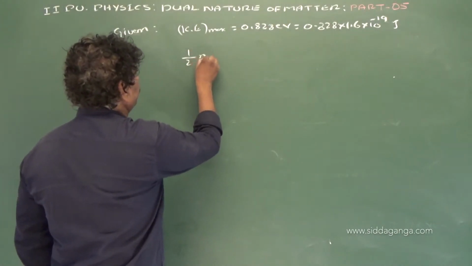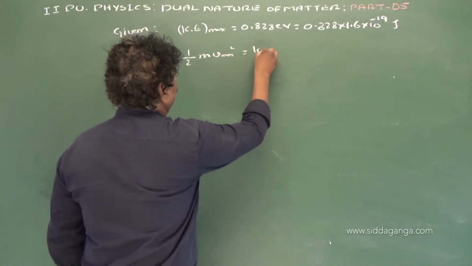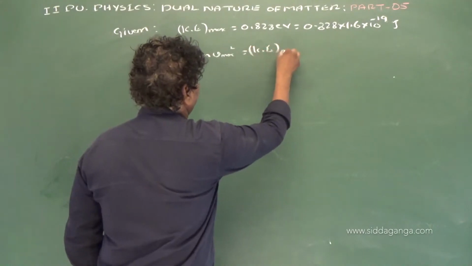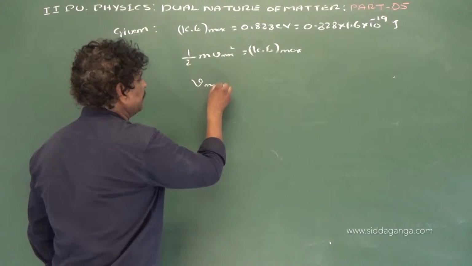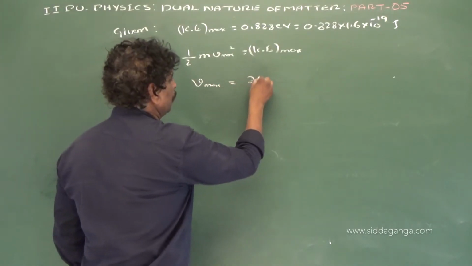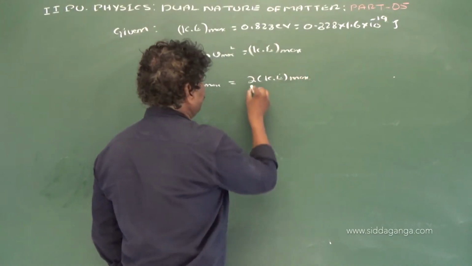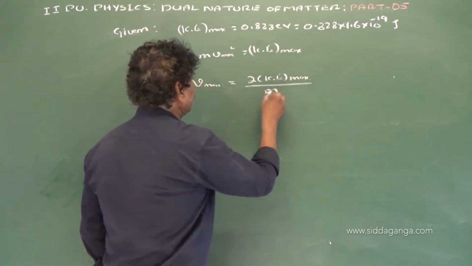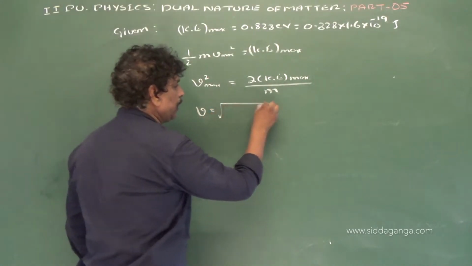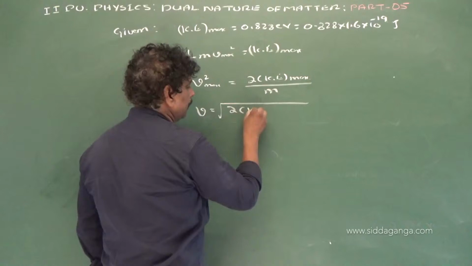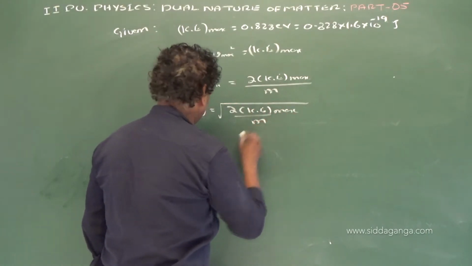Now we have half m V maximum square is equal to kinetic energy maximum. So V maximum square is equal to 2 kinetic energy maximum divided by m.